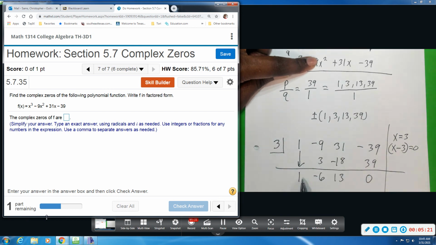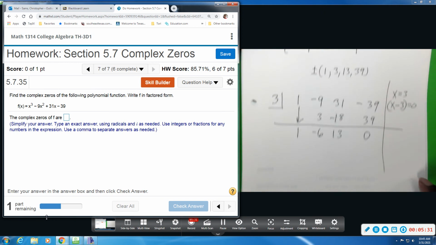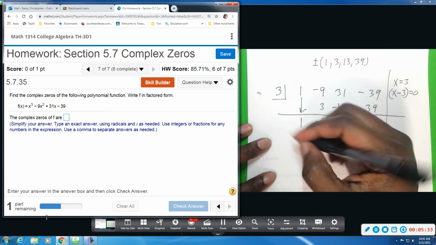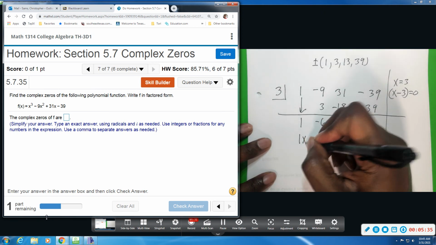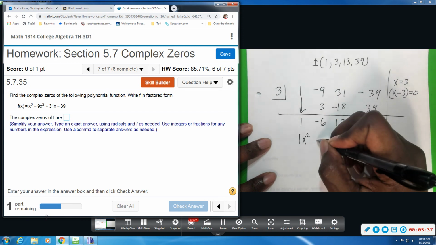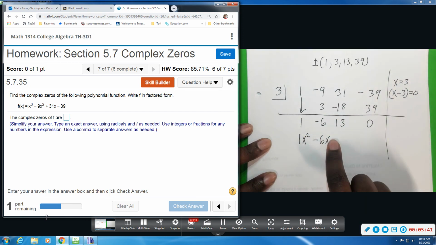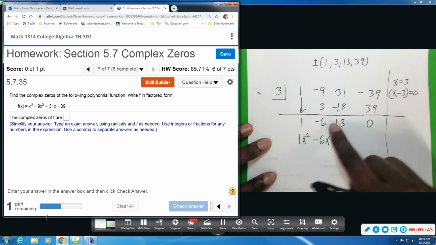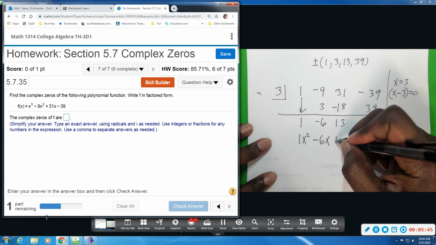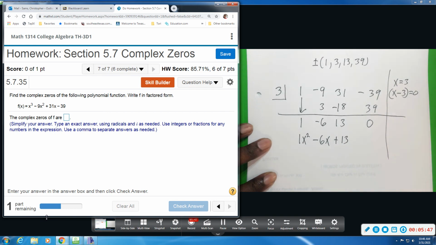So now these are the coefficients for my remaining polynomial. This number would be 1x squared. Since it's negative, it would be minus 6x, and you just drop that power down by 1. So 2, 1, 0. Since this is positive, it will be plus 13. Okay, so this is my remaining polynomial.